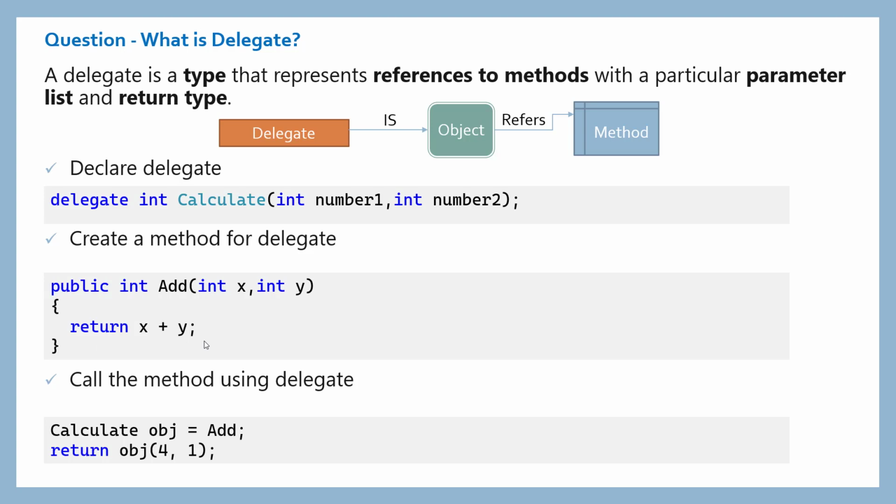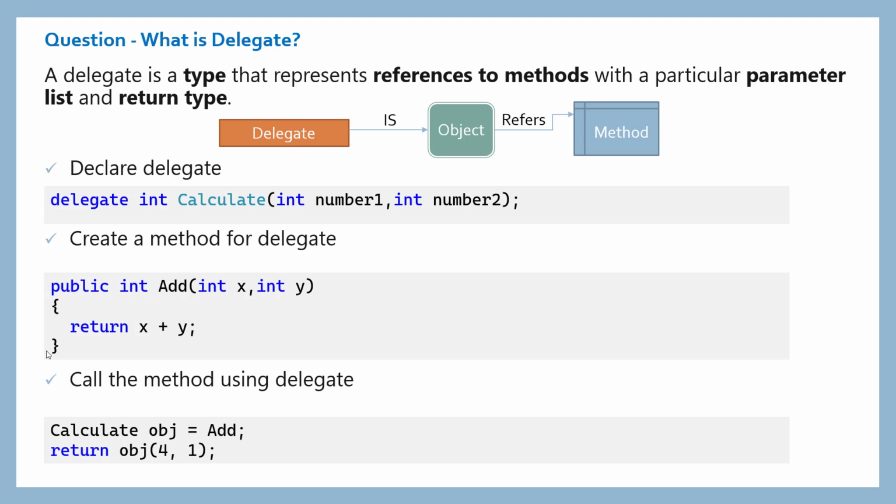Now to call this method by using delegate, first we need to create an object of this delegate. If we compare the picture with the last block of code, here we are declaring an object of the delegate calculate. This is our object, and we are referring to a method.